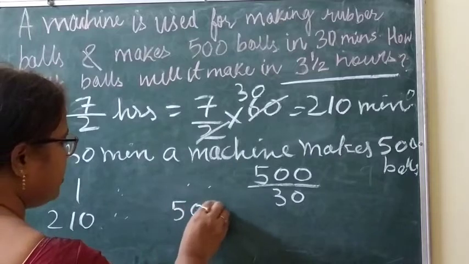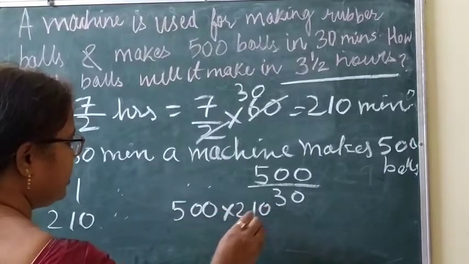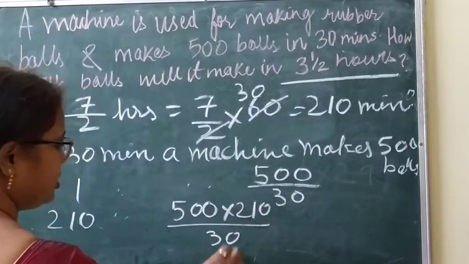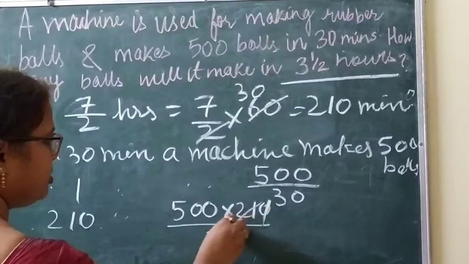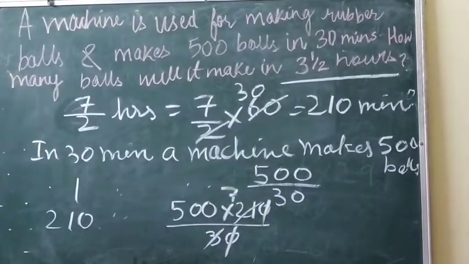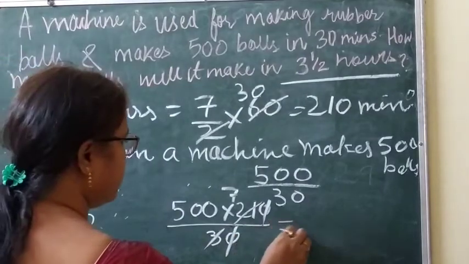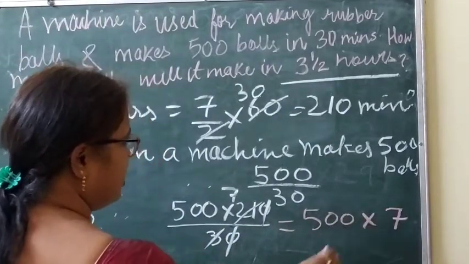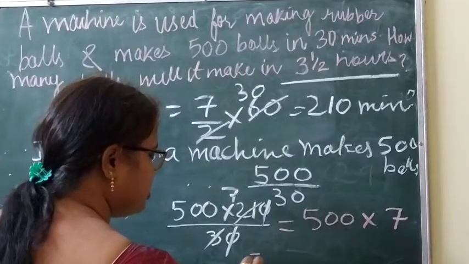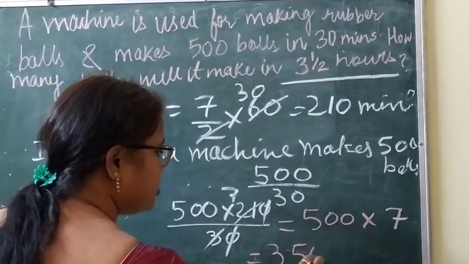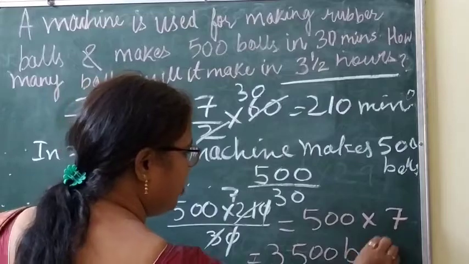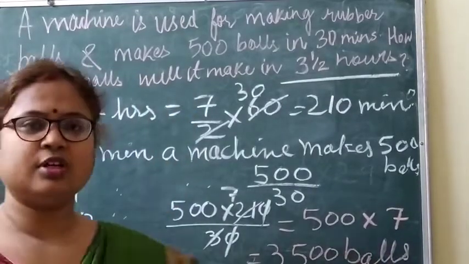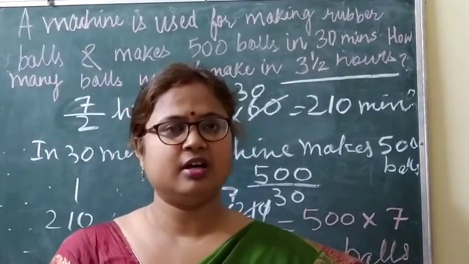So 500 into 210 divided by what? 30. So 0 cancel. 3 7s are 21. So what we have? We have 500 into 7. Clear? And 500 into 7 is equal to 3,500 balls. Okay, so 3,500 balls is the answer.